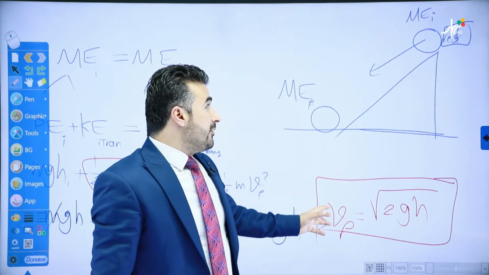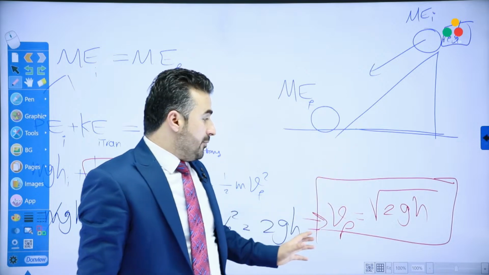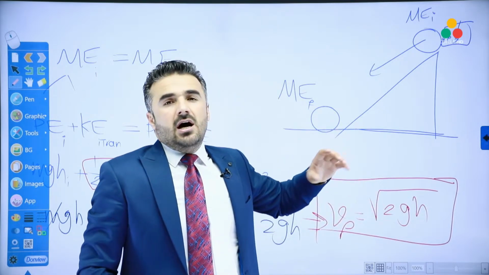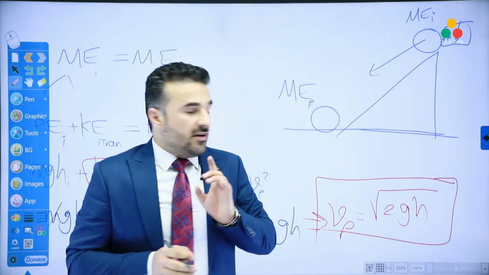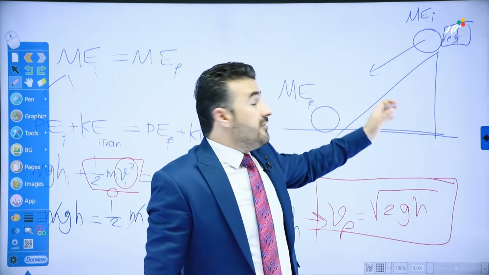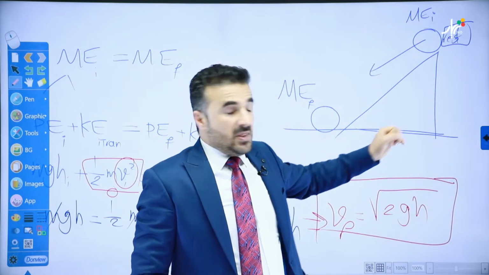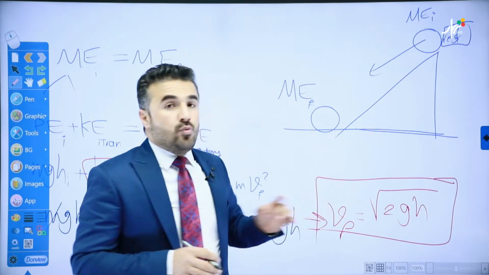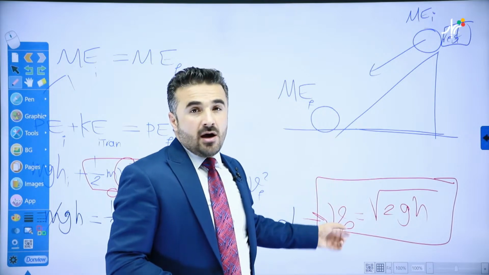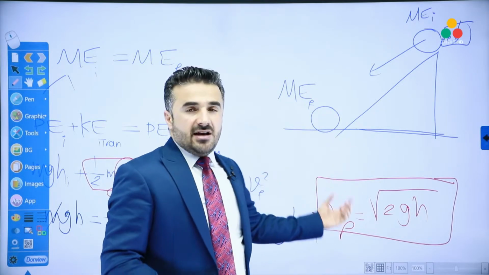Okay, so whenever an object, regardless of the shape, if the object is falling or moving or slipping, don't forget, if the object is slipping, that means the object would be falling under the effect of a free fall acceleration. And in this case, we will only have one equation to find the translational speed at the bottom of the incline, and that is this equation.